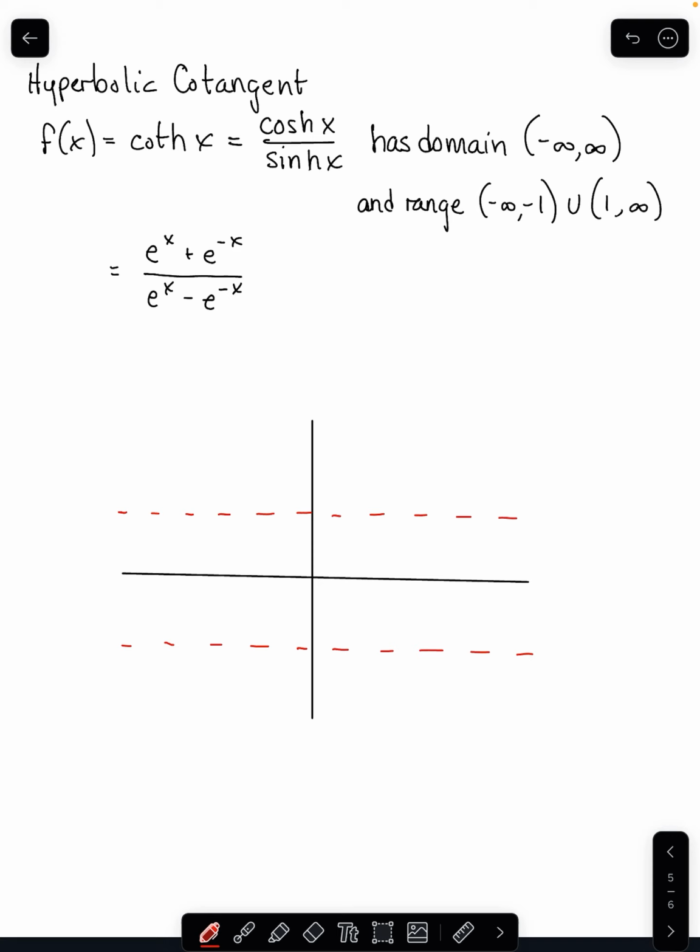Now, to help us out, I'm going to sketch in the graph of hyperbolic tangent, because that will help give us a reference for what's going on with hyperbolic cotangent.